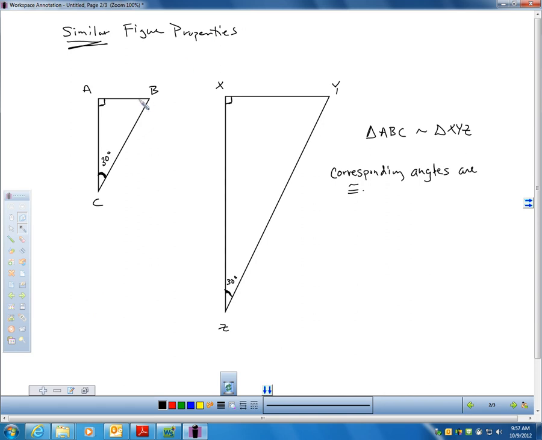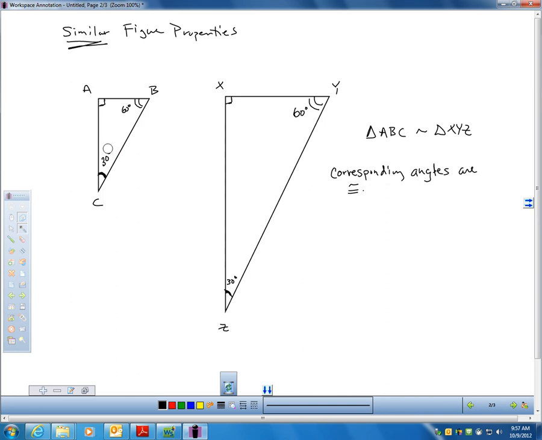If angle B was 60 degrees, that means angle Y would have to be 60 degrees because corresponding angles must be congruent, which means equal measure, when you have similar triangles. That is always true when you have similar triangles.